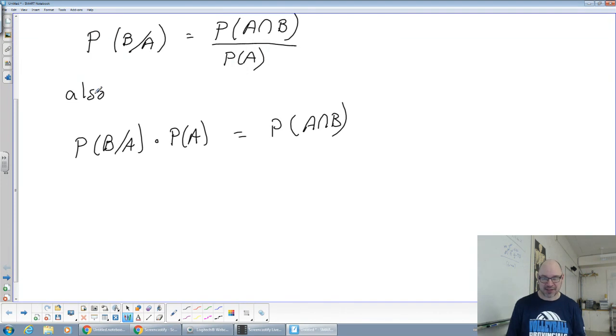So let's look at an example of using this formula. A lot of times we don't even write it out, we just use it, and I'll show you how that works.